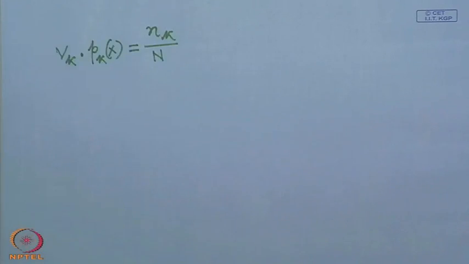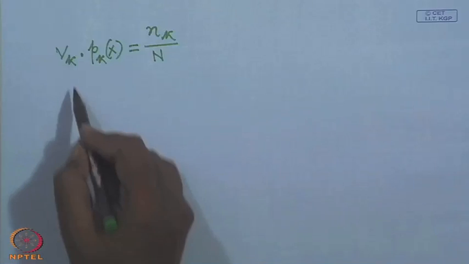Now, here you find that I can draw an analogy from the one dimensional case or the two dimensional case. In the case of one dimension, we said that the area under the probability density curve has to be equal to 1. In the two dimensional case, we said that the volume under the probability density surface has to be equal to 1.